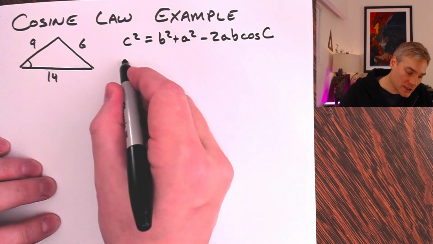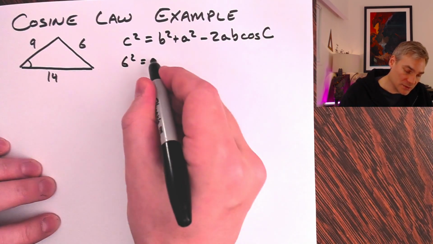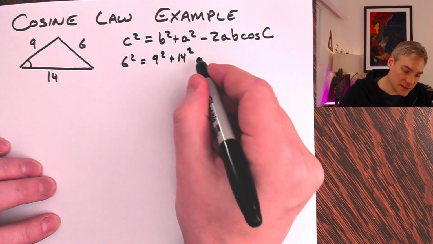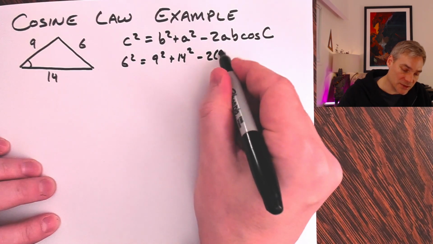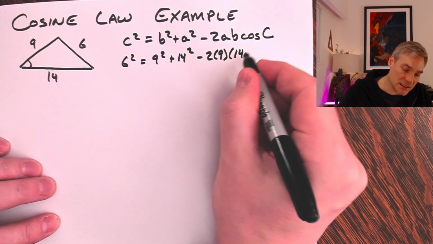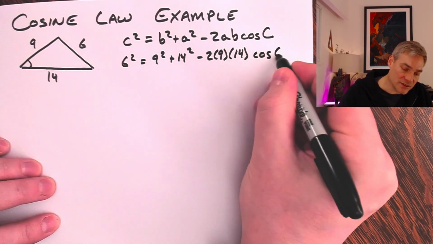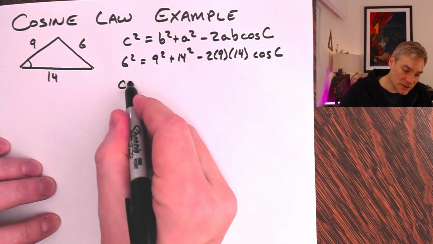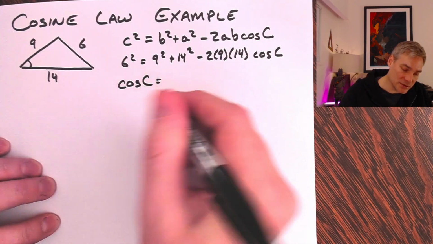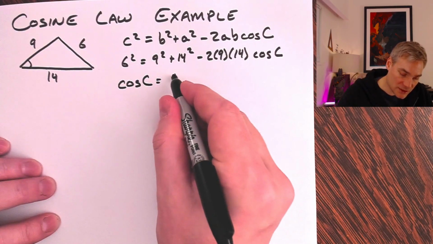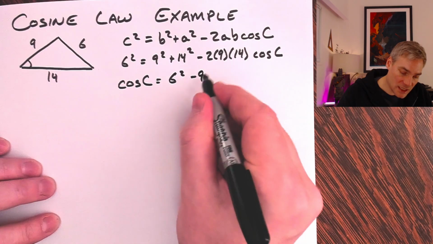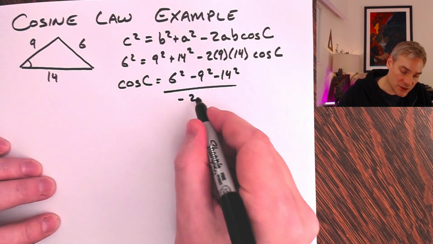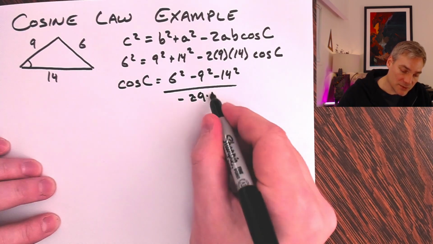So I have 6 squared equals 9 squared plus 14 squared minus 2 times 9 times 14 times cos of c. Now I'm going to solve for cos c, which is cos c equals 6 squared minus 9 squared minus 14 squared all over negative 2 times 9 times 14.